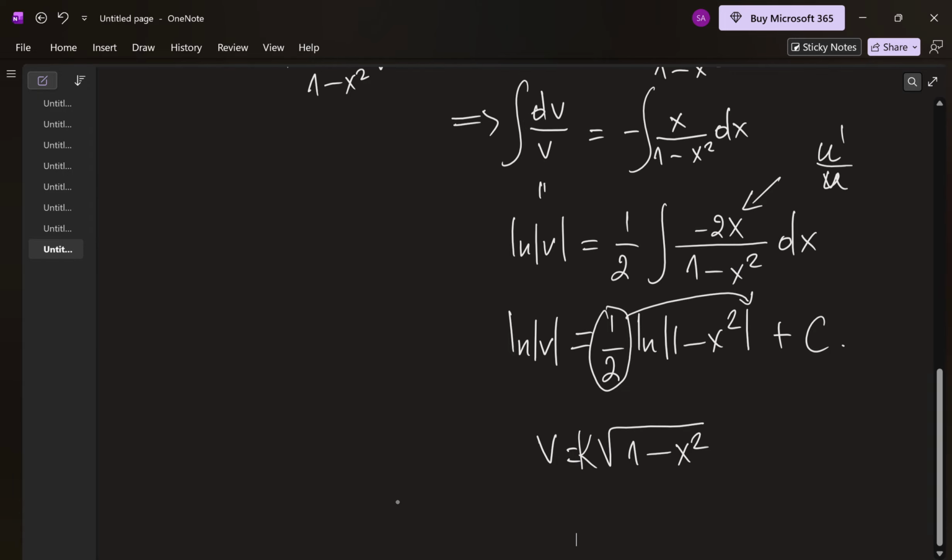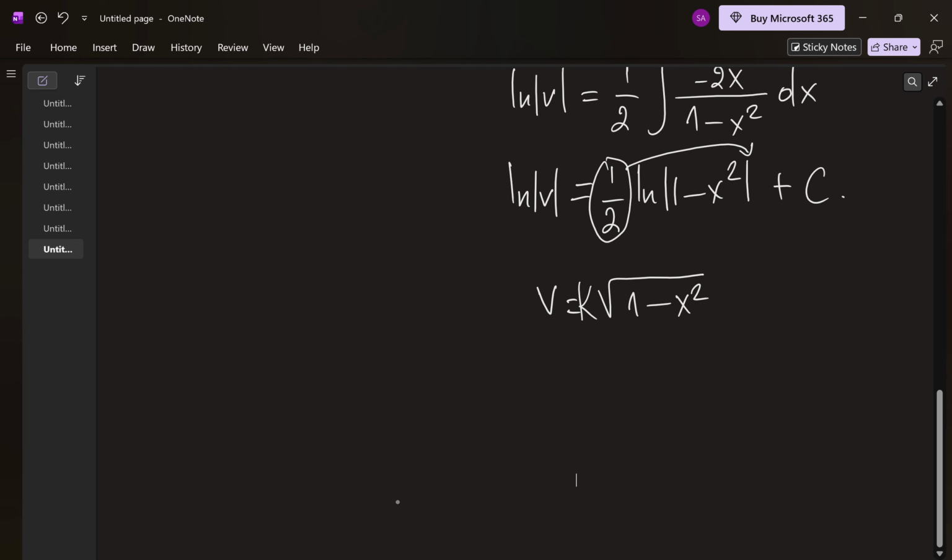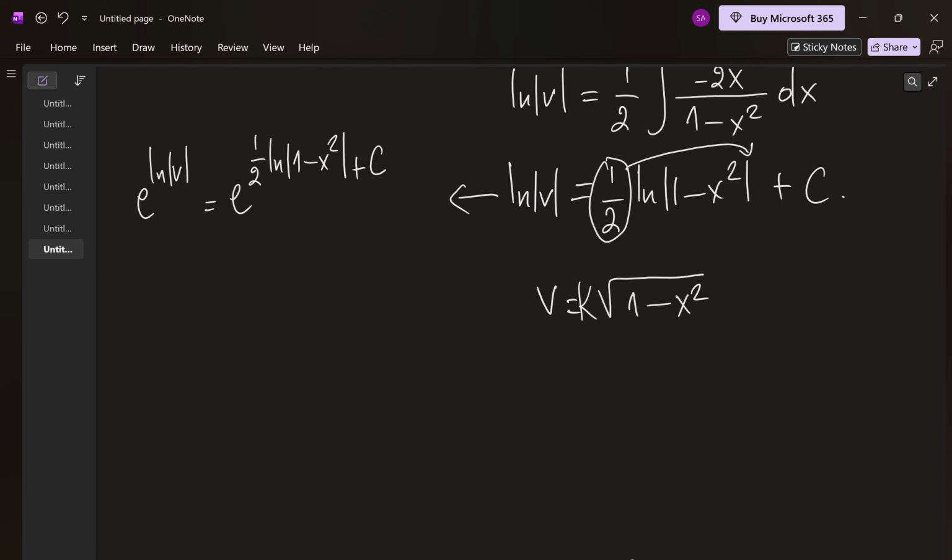Now we substitute back. Is there any question before I continue to the other step? Is this very clear to you? How do we get that k? When you take the exponential on both sides, you get exponential of ln v is equal to exponential of 1 half ln of 1 minus x squared plus a constant c.